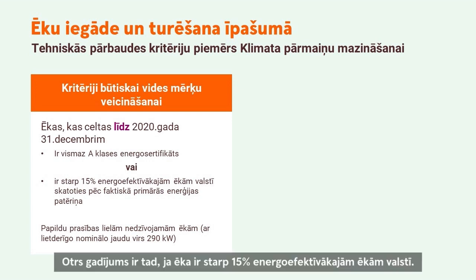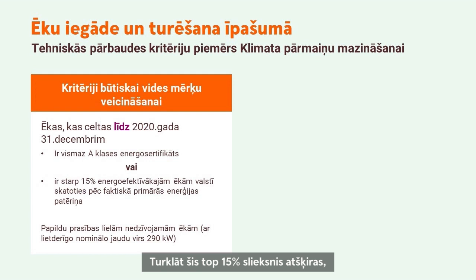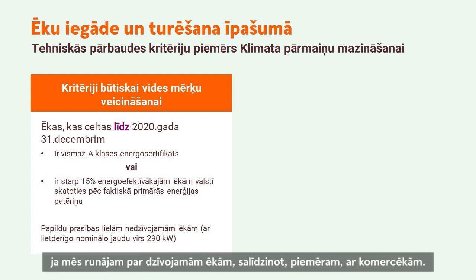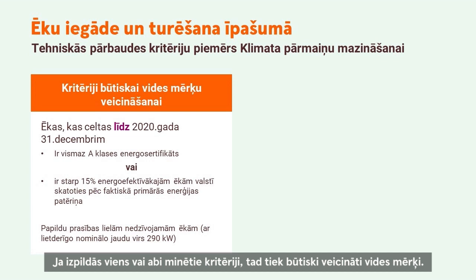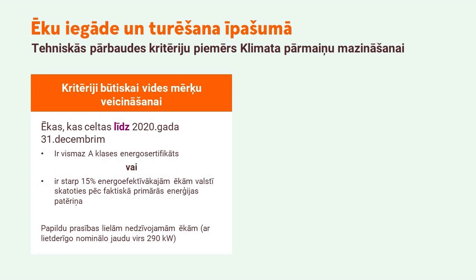The other possibility is that your building is within the top 15%, in more easy words, of energy efficient buildings in your country. Okay. And there it's different. The threshold for the top 15% differs if we're talking about residential buildings compared to commercial buildings, for example. So if you have one or both of these 2, then you are substantially contributing. Okay.